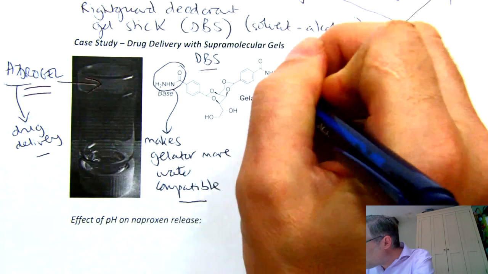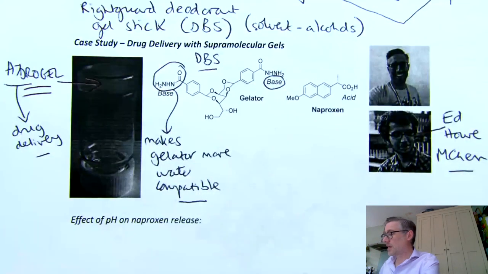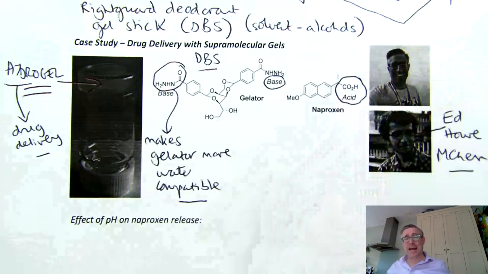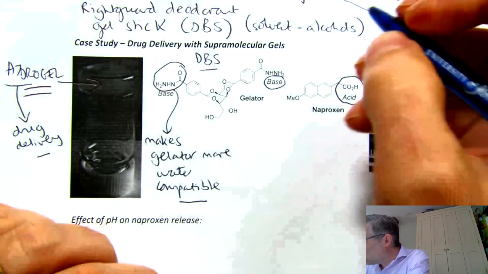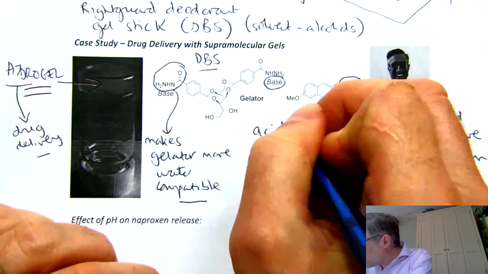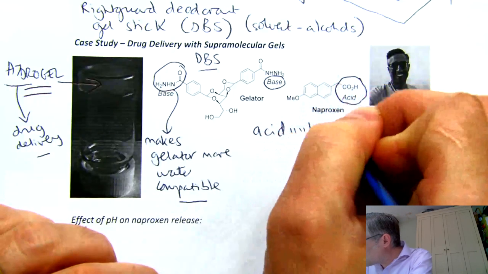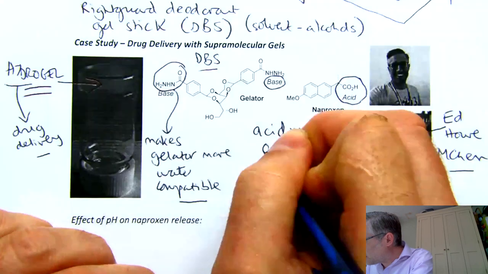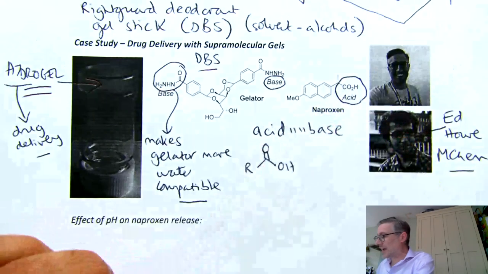This is a base. And naproxen is a drug that we were interested in. I'll tell you why in a moment. And naproxen is an acid. And so what you do is you get an acid-base interaction. And how that looks specifically, in this case, there's your acid.